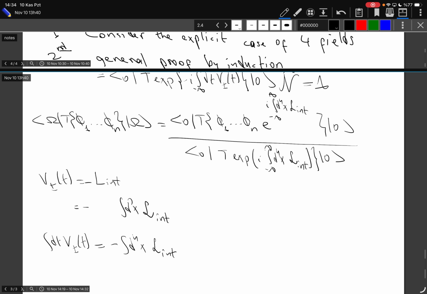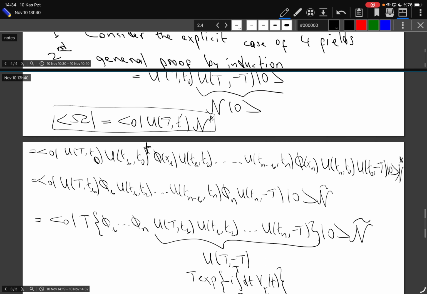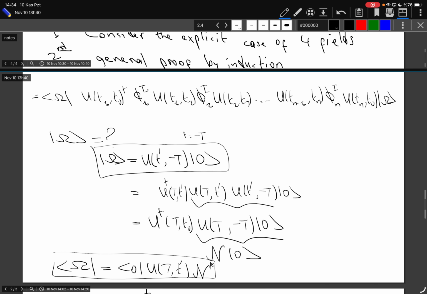Now, the only detail that doesn't make complete sense to me in this derivation, which is basically the derivation in the book also, is this step. I have some doubts about that. Why? Basically because this is the initial state.